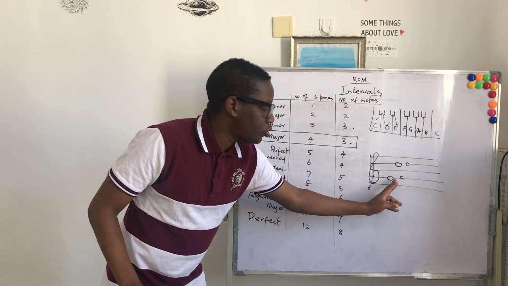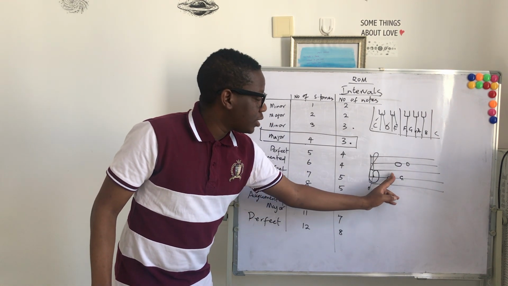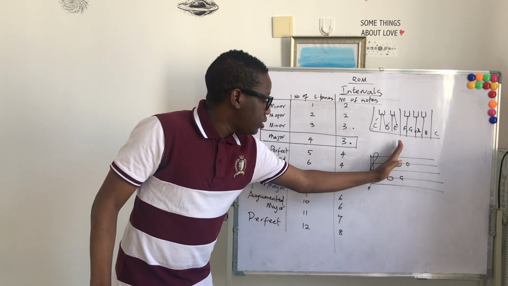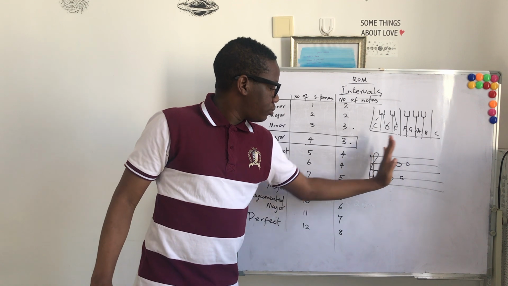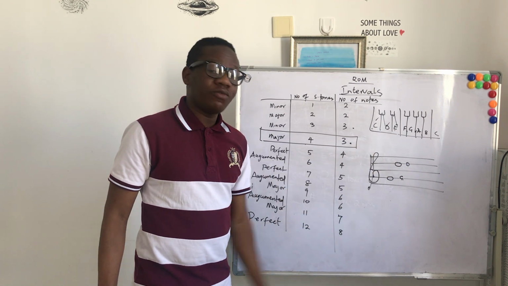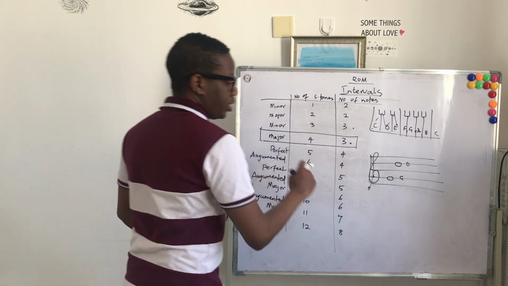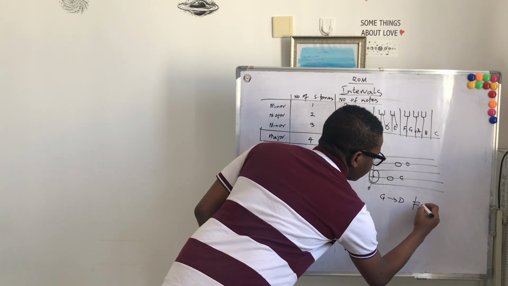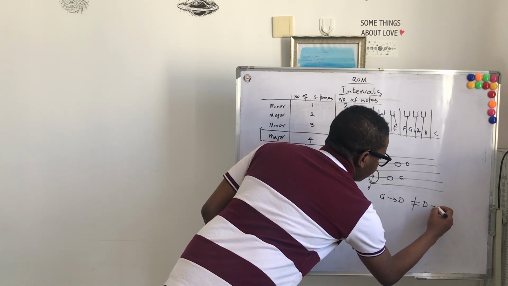Because G is first drawn. You can see that it's not on the same line as D. This D is separated just away from it, and G is first drawn before D. So this interval here is G to D and not D to G.